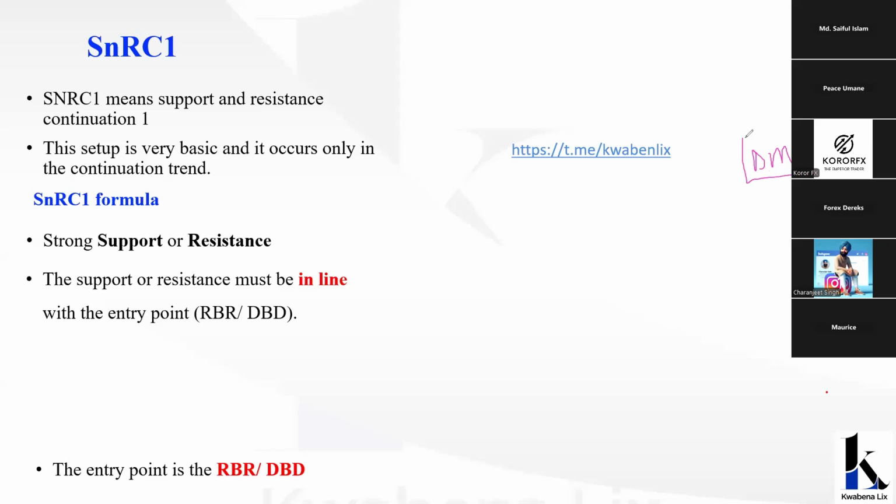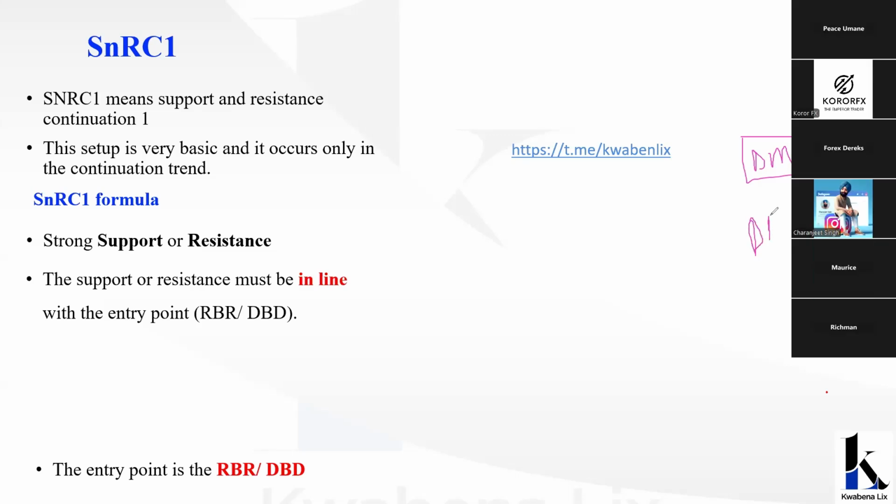You need to find a DMB opposite that strong resistance, or you need to find a drop, a base, and a drop, or a rally, a base, and a rally. And we know what a strong resistance is, or a strong support. A strong resistance is a chart that is giving you an A shape, right?